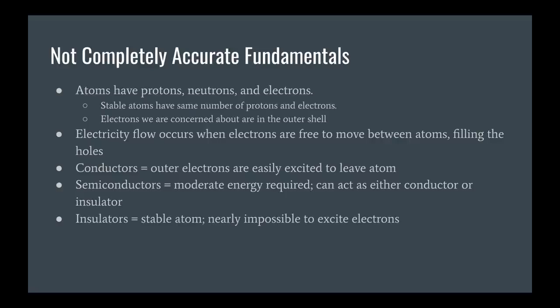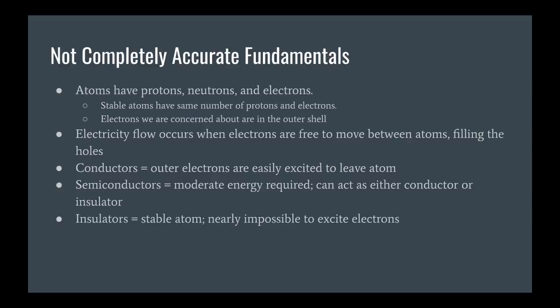Insulators are extremely stable. There's the same number of electrons as there is protons, and therefore it's almost impossible to cause those electrons to be excited and jump to another atom. Hence, insulators are used to prevent current flow across a particular thing.